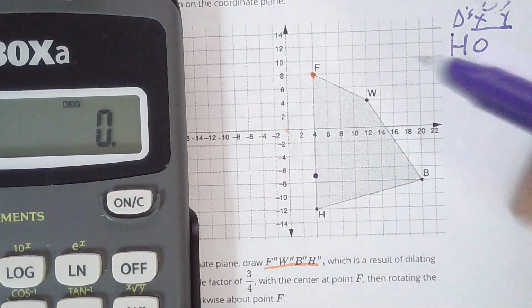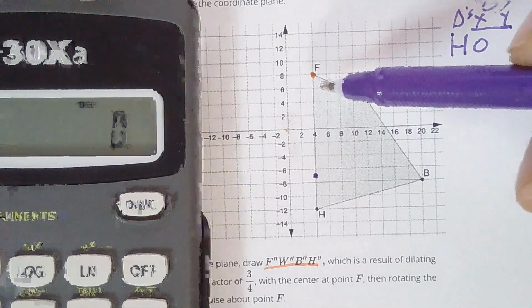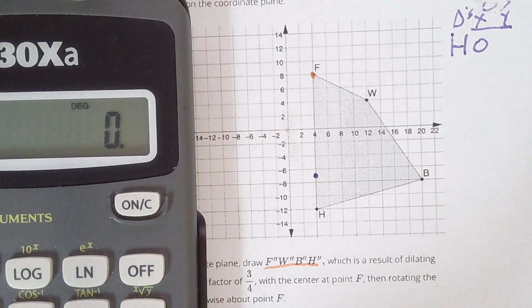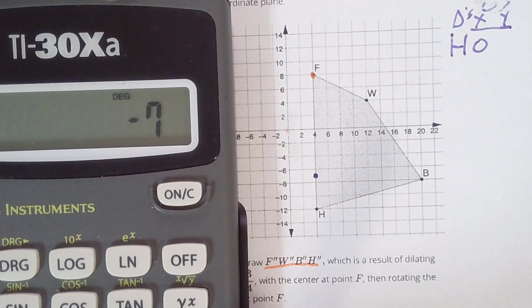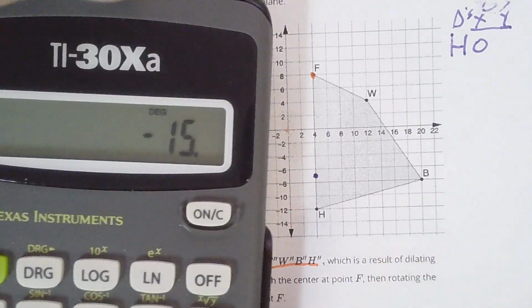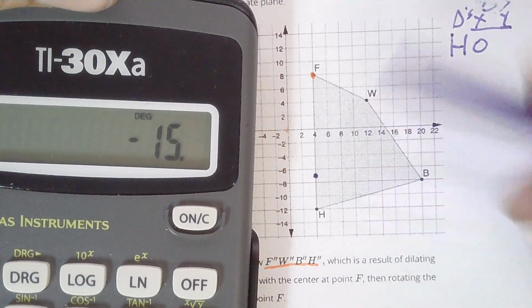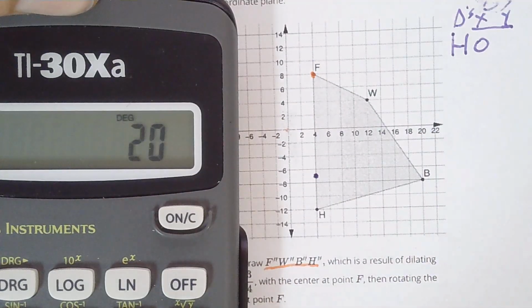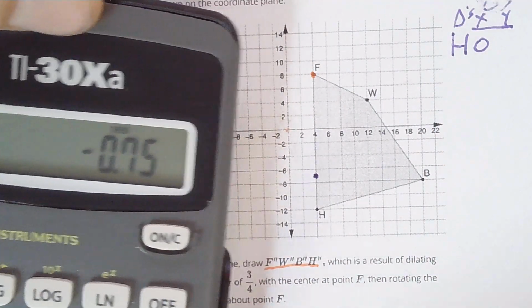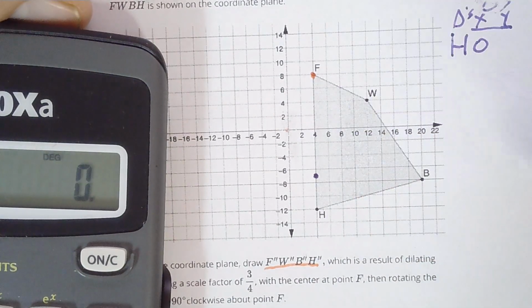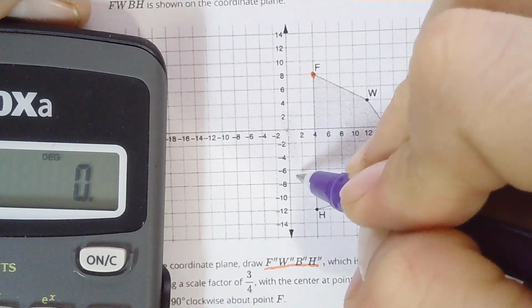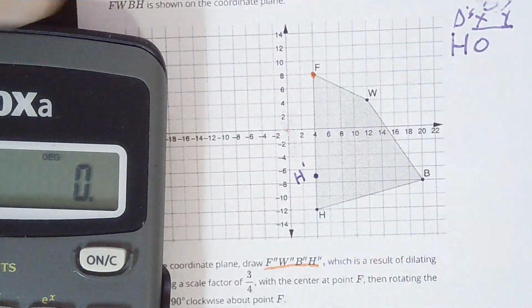Negative 7 minus 8 is 15, and 15 divided by 20 is 0.75. That's 0.75 of the distance. So that is my h prime, my distance from there to there.